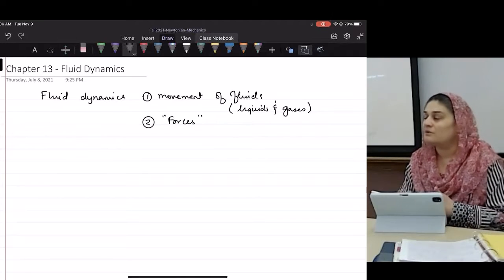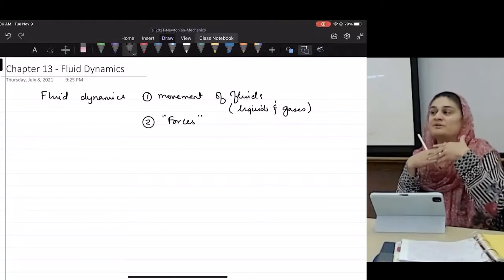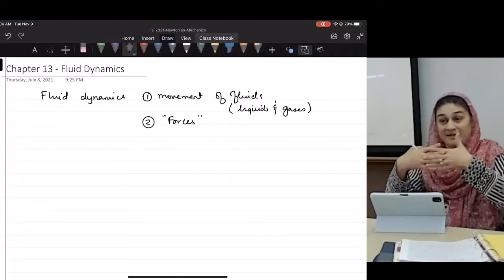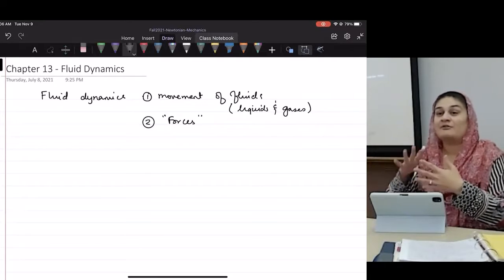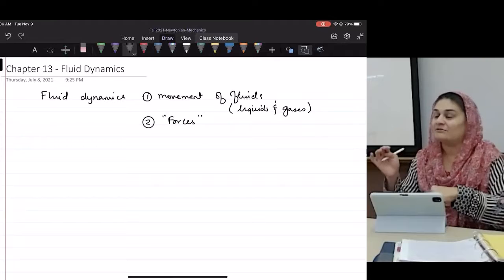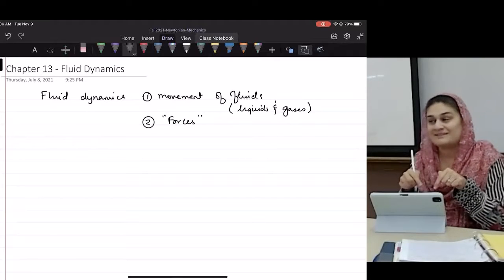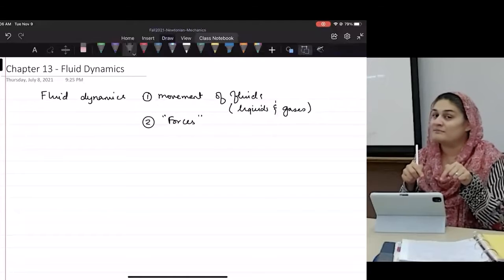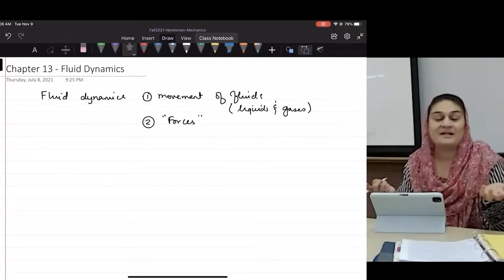When fluids flow, what are the forces that cause these motions? When we were doing Newtonian mechanics, we talked about forces: force applied, gravity, friction, all of those forces. In this case, we're going to do all the same things, except we're going to deal with them when we're dealing with fluids. That's the only difference.